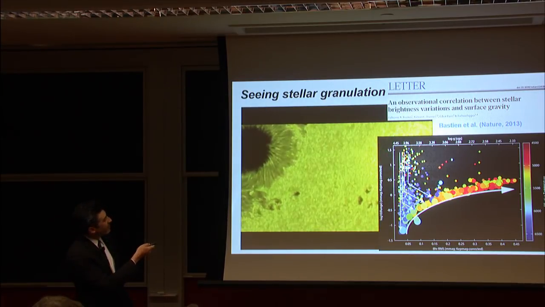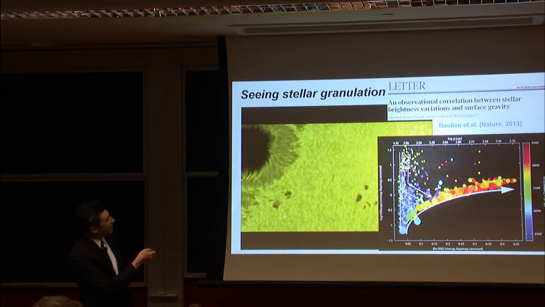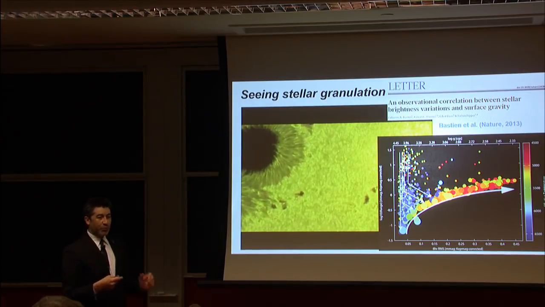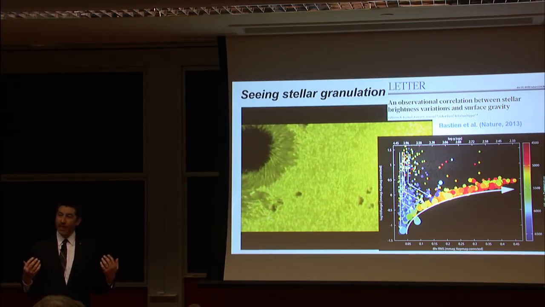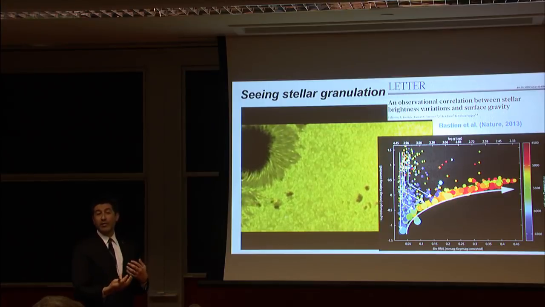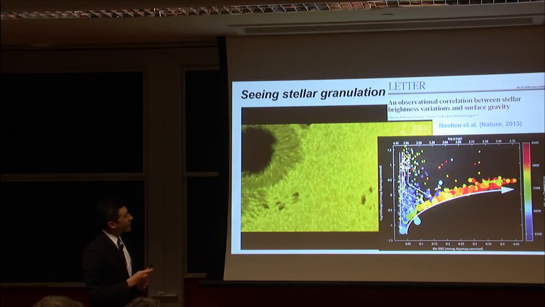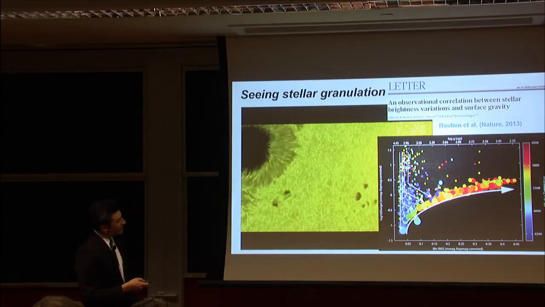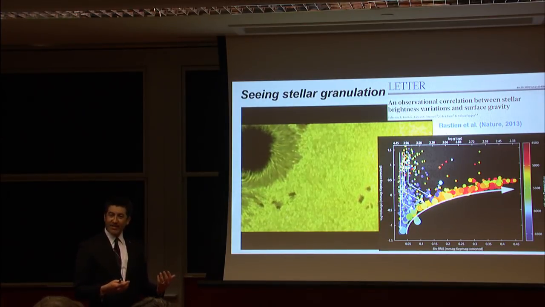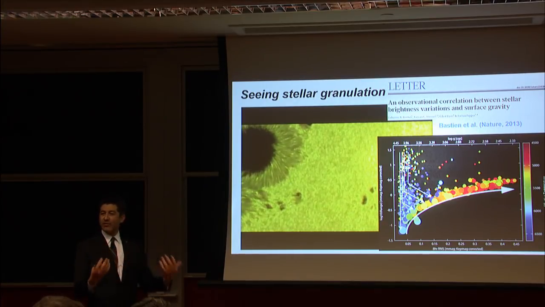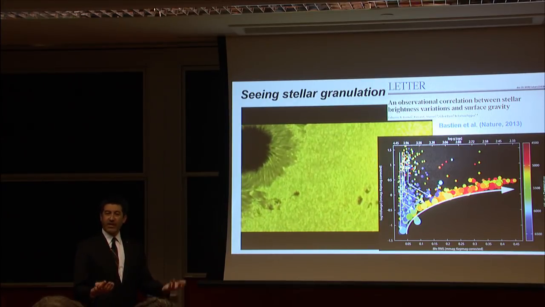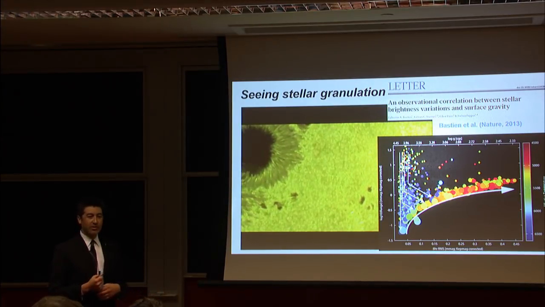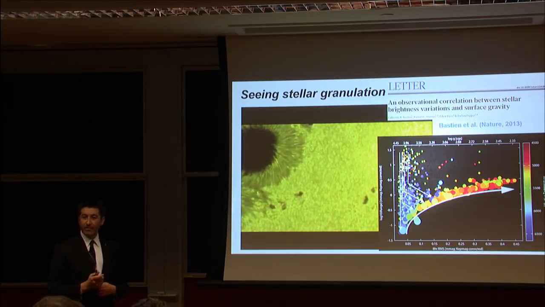So my former student Fabian Bastian and I, and Gibor Basri and Josh Pepper, when we were playing with the Kepler data and the astroseismic sample within the original Kepler data, we came upon this really neat result, which is simply stated: you can see, in the integrated light of a star in a Kepler precision light curve, the granulation noise of the star.